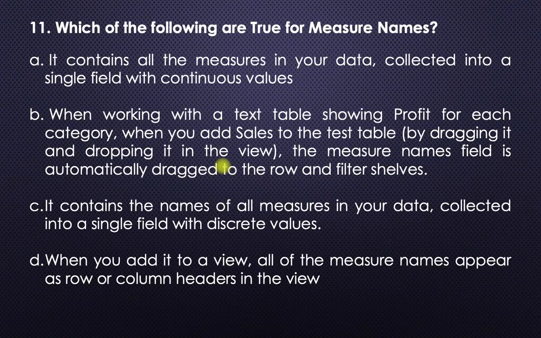Now, which of the following are true for measure names? Now, first one says it contains all the measures in your data collected into a single field with continuous values. Now, remember that measure names is not measure values. So, measure names never contain the measures. It always contains names of all the measures.